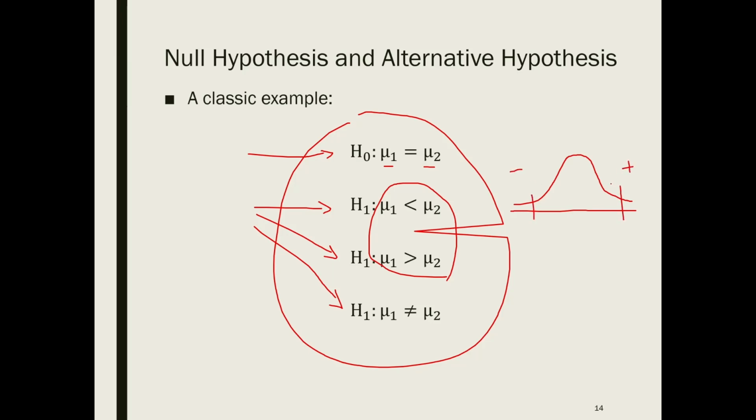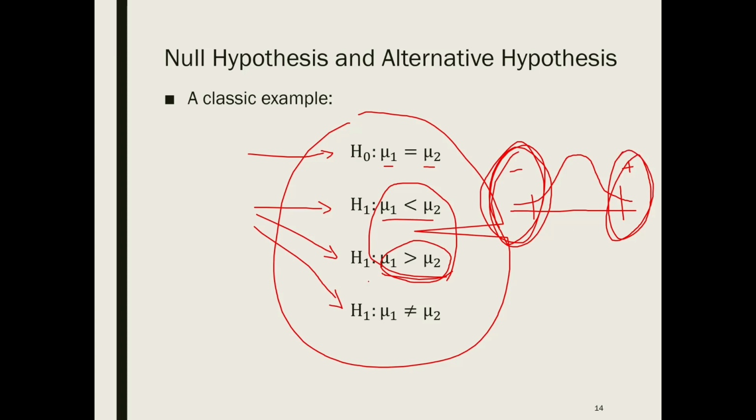It could go either way. But if you use a directional alternative hypothesis, larger, smaller, bigger, less, then you are talking about one direction. You pick the direction. So for the first one, it looks like less, so you pick the left direction, the negative direction. If you pick the second one, larger, then it goes to the positive direction.